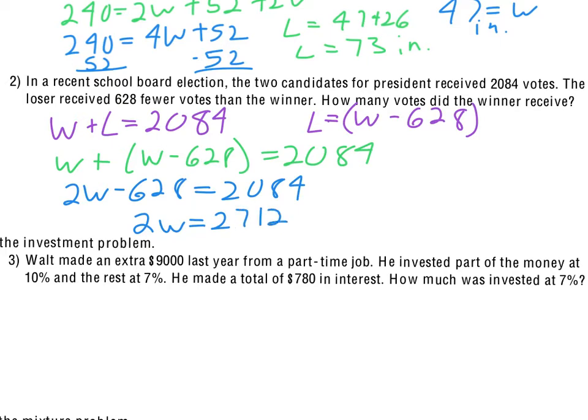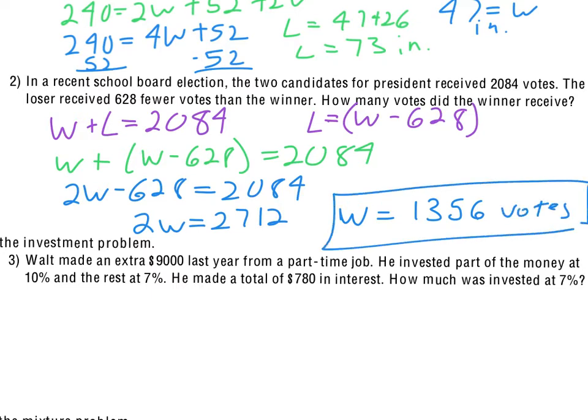Divide that by 2 in order to get the number of votes that the winner received, which is 1,356 votes. Again, I'm not going to be too concerned with units, but they are word problems. We really should have those. And again, they just wanted the winner's votes. Of course, no one really cares how many votes the loser got.